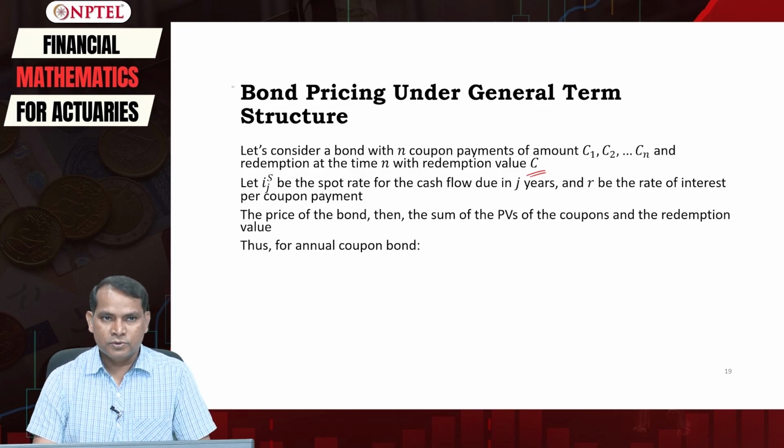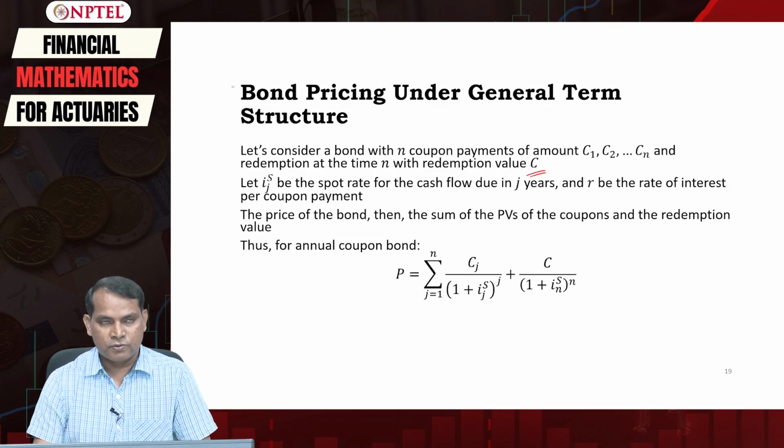Therefore, the annual coupon bond price can be written as P is equal to the sum of C_j upon (1 plus i_j^s) to the power j, plus C upon (1 plus i_n^s) to the power n.